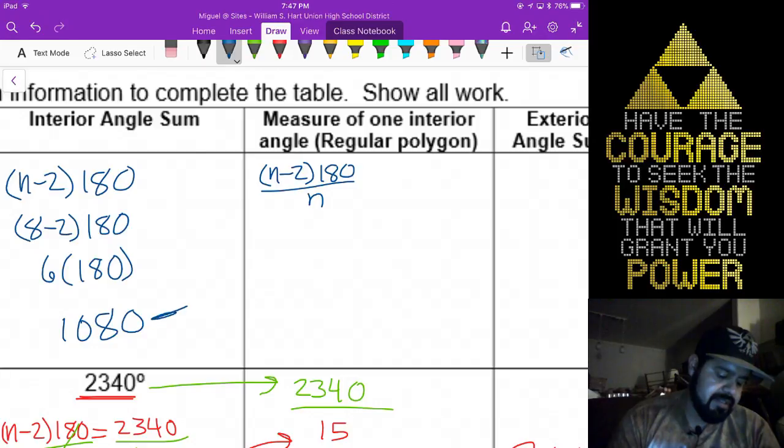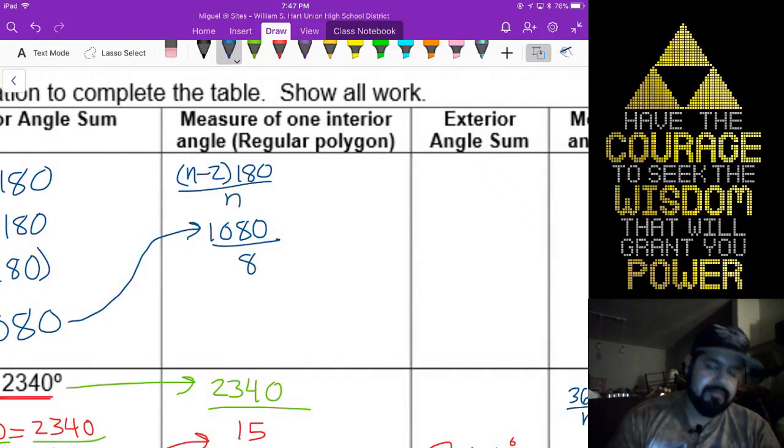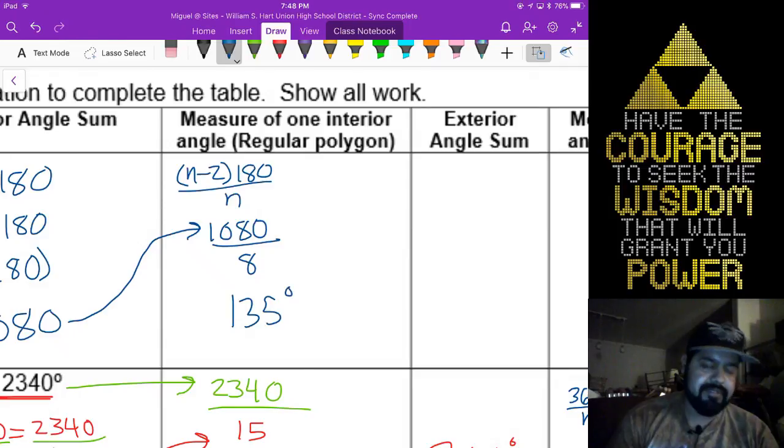That's what this number was here. So what we can do then is copy and paste our number here and divide it by the number of sides we were given, which was 8. Yes, Kasha, we can do number 5, of course. So back to this, 1080 divided by 8 gives us our nice 135 degrees.